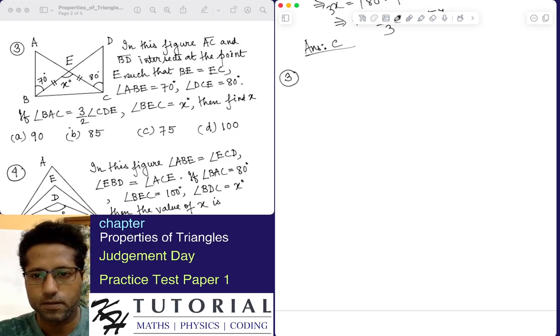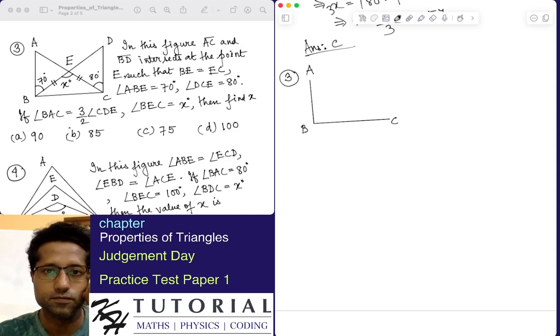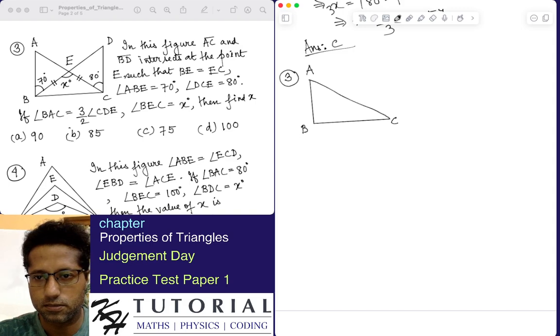We have this BC, we have AB, and it is said that in this figure AC and BD intersect. This is AC, so we have the triangle ABC and we have the triangle BDC.